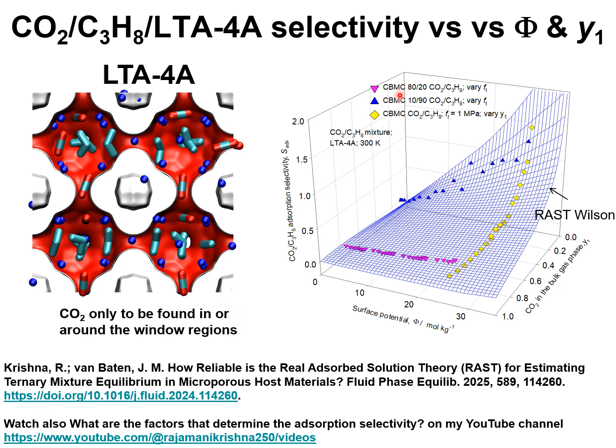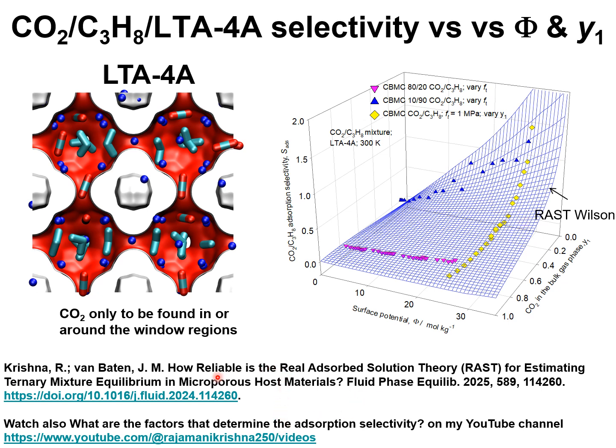3 different CBMC simulations were carried out for determining the CO2 propane adsorption selectivity, and the 3 sets of CBMC data all lie on a 3D surface mesh that is created using the Wilson parameter for quantification of the activity coefficients in the adsorbed phase.